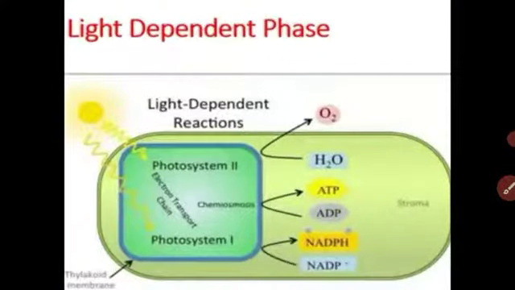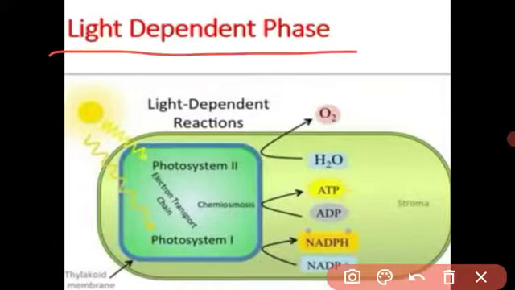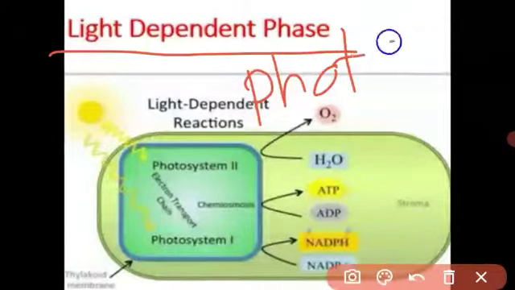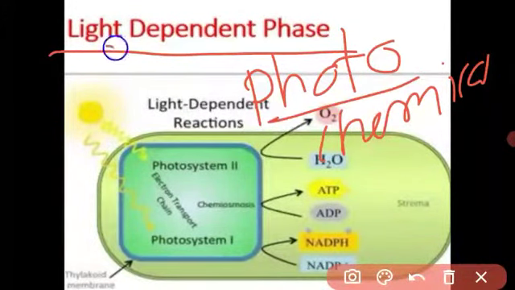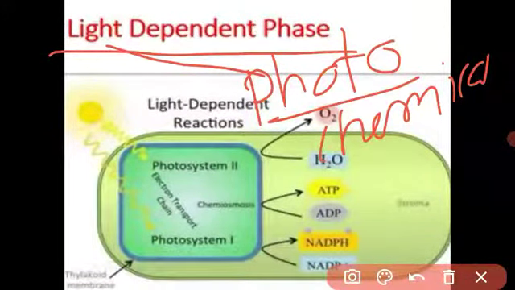First of all, we will see the light dependent phase. The light dependent phase is also called the photochemical phase. You know that photo means light, so each and every step of this reaction requires light. It has three names: light phase, light dependent phase and photochemical phase.